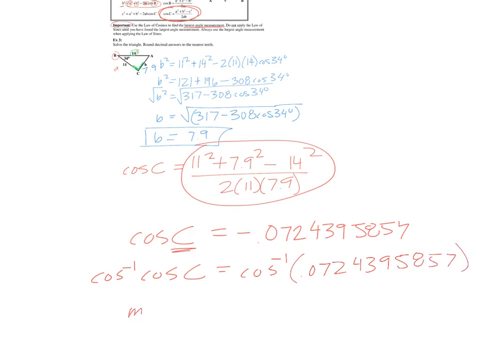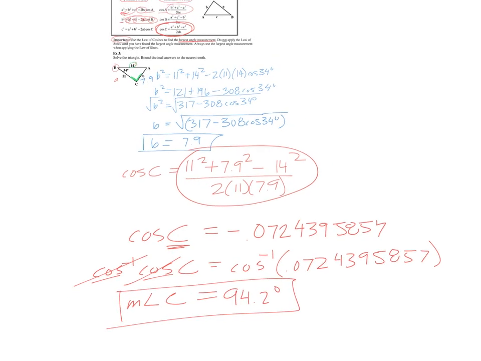Okay, so I've isolated C now. The inverse cosine essentially undoes the cosine. They're gone. And what do I get now? Let's plug this in the calculator. I get 94.2 degrees.